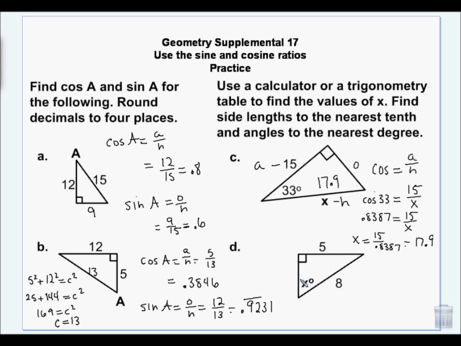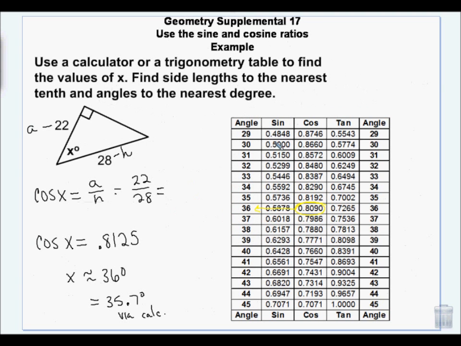Okay, so here I have x, and I have hypotenuse and opposite. So it's sine. So sine of x is equal to opposite over hypotenuse. So 5 divided by 8, so sine of x is equal to 0.625. Now I can either go to that chart, let's see if it's got that on there.